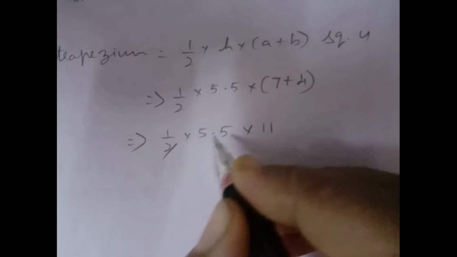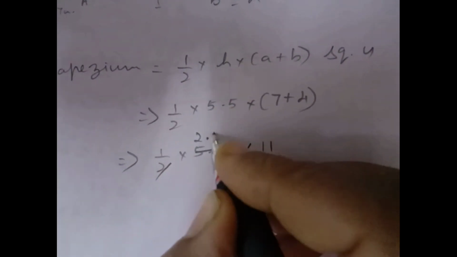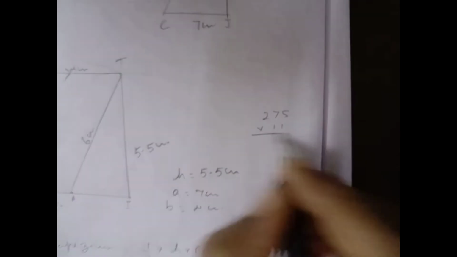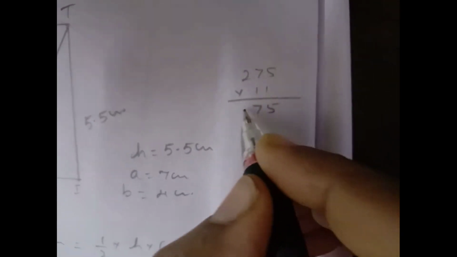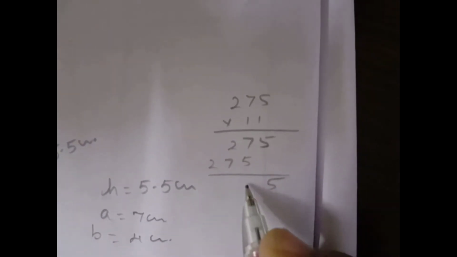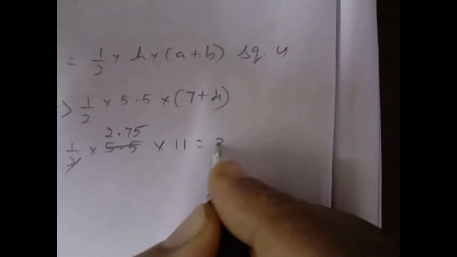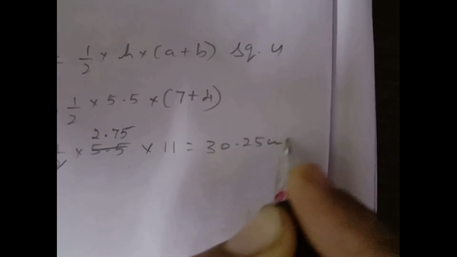If you cancel this, 2 2s are 4. 0.25 into... 275 into 11. Multiply. Therefore, your answer is 30.25 centimeter square.